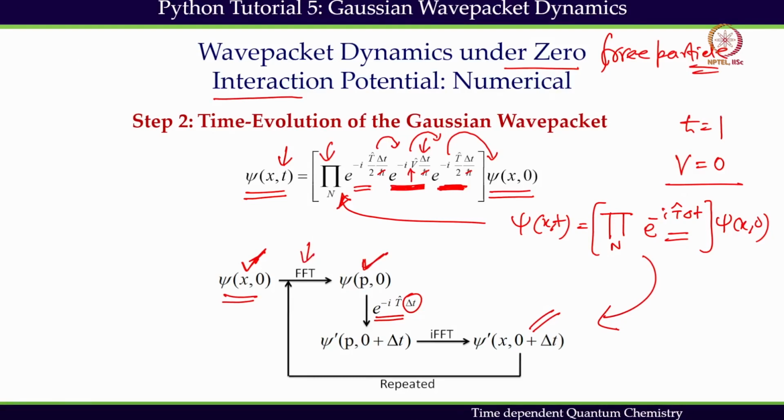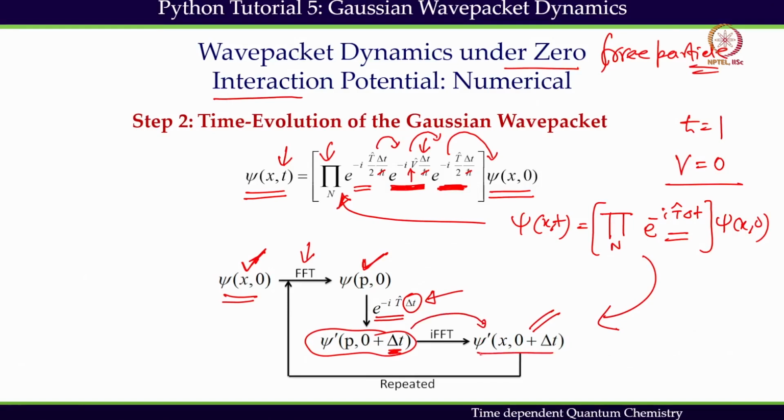We will see the implementation again, and then we have to carry out this kinetic energy part and get another wave function which is displaced by this time delta t. So, after delta t time we have now the wave function in the momentum domain. Then we have to inverse Fourier transform to the position domain.